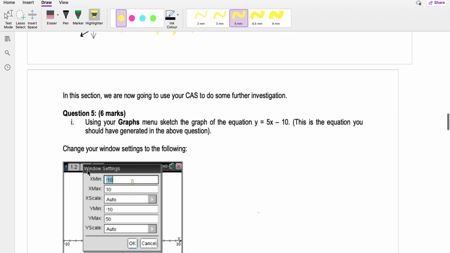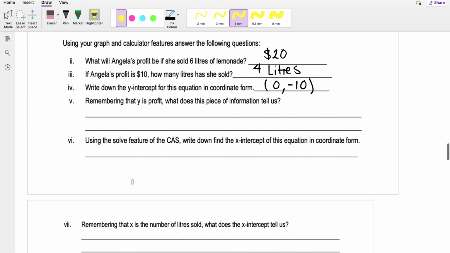So that's what it means, and you can write it in whatever way you want. You can say, I'm not going to write it down, I'm going to say it: if Angela doesn't sell anything, she will lose $10, or her profit is negative $10. She's losing the money that she has invested in the ingredients if she doesn't sell anything. That's the answer for this one.